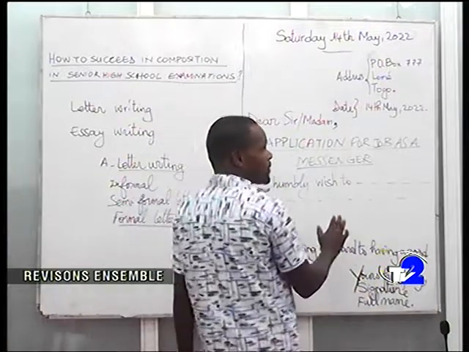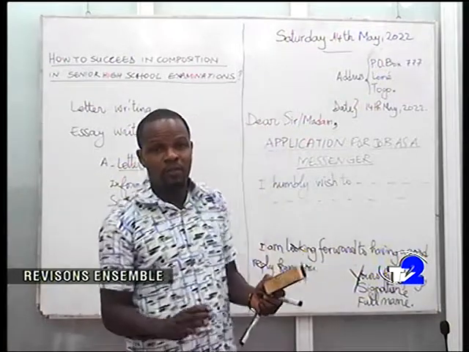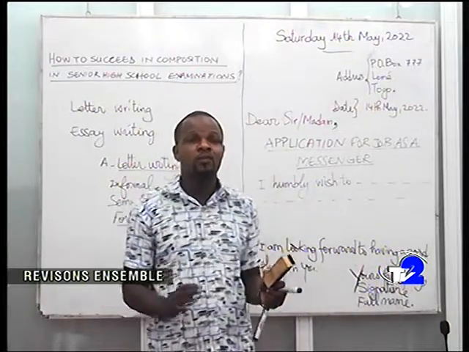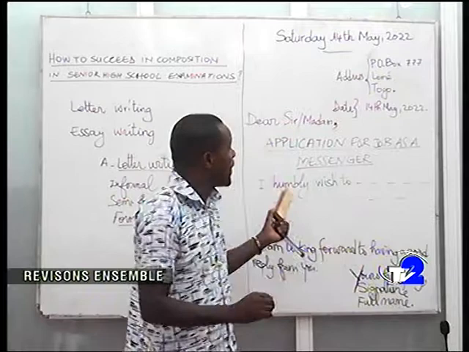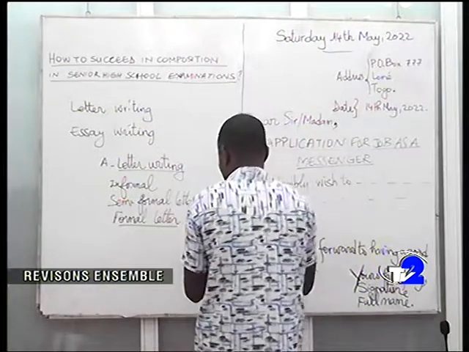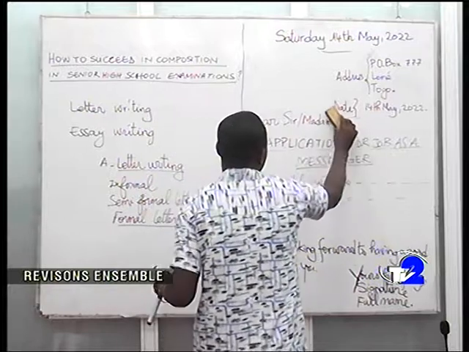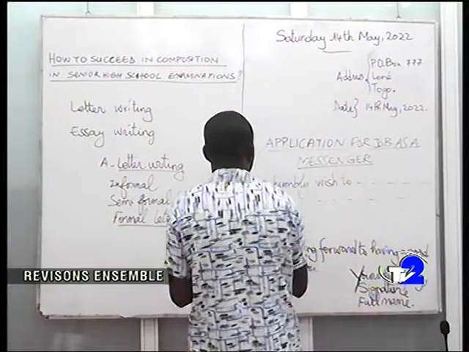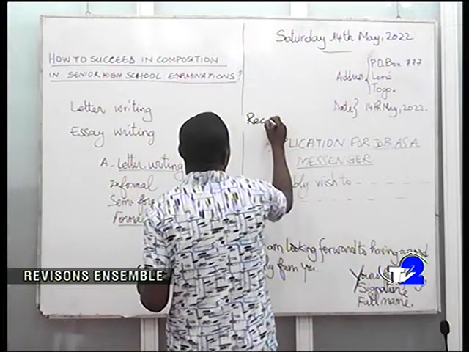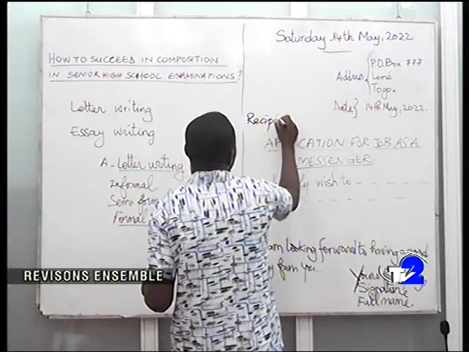When you are asked to write a formal letter, the first thing to do is to start from the address. Okay, I made a mistake. Sorry. When you finish this, we are writing a formal letter. Sorry. You need to write what? The recipient address. This one is very important.